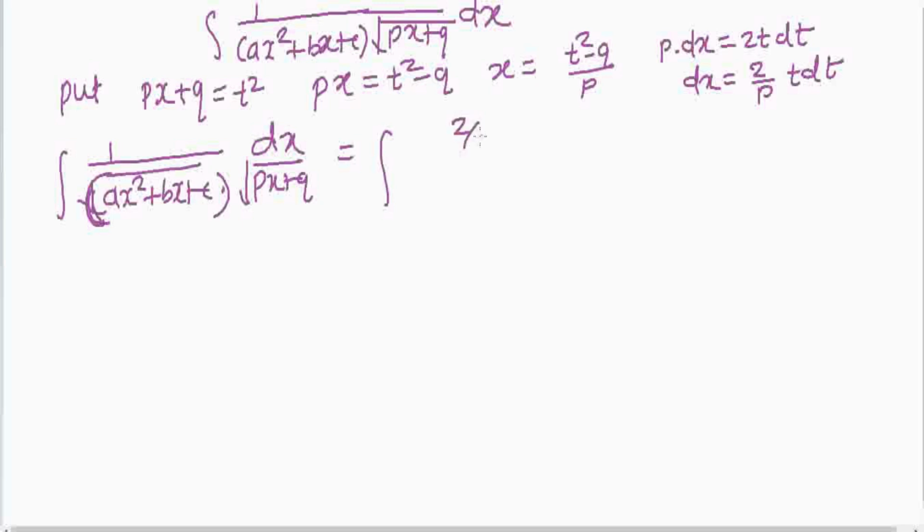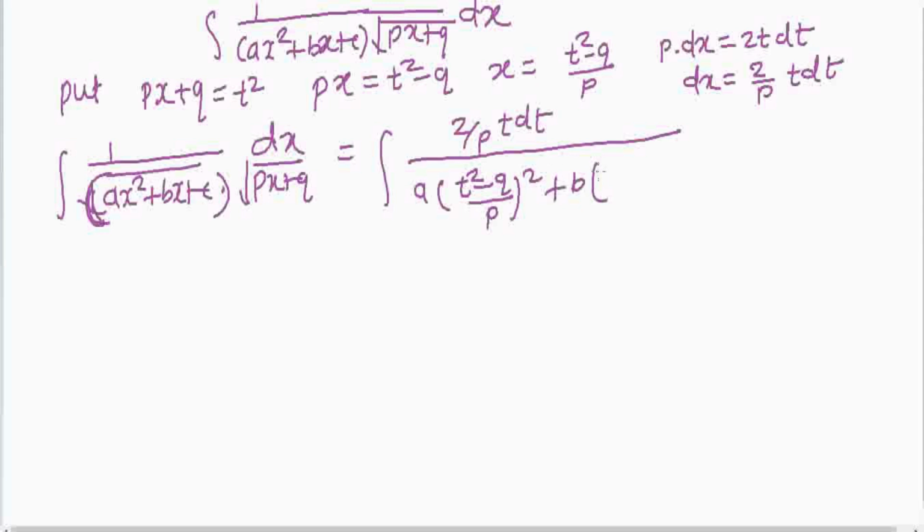Dx is 2 divided by p t into dt whole divided by a into x square, that is t square minus q divided by p whole square plus b into t square minus q divided by p plus c, and multiplied by here under root of px plus q, that is t.